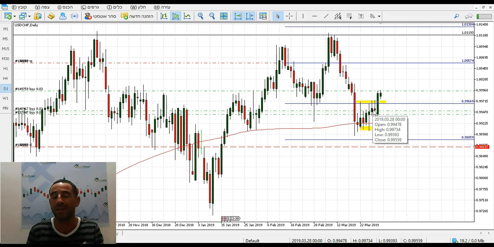Then I knew that I'm going to keep only 2 portions in, because I'm not going to keep increasing the position until I can see that price has managed to break above that obstacle. We're talking about that 99.67, which is a pretty strong resistance. Now we can see that price was actually reacting to that level before breaking it.